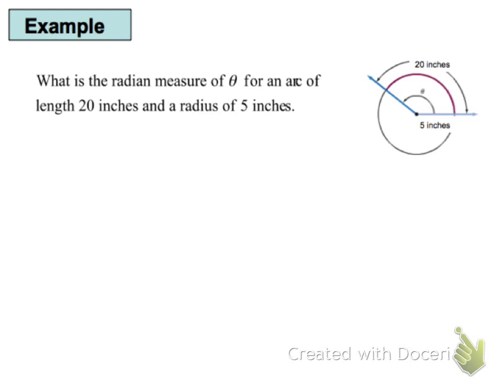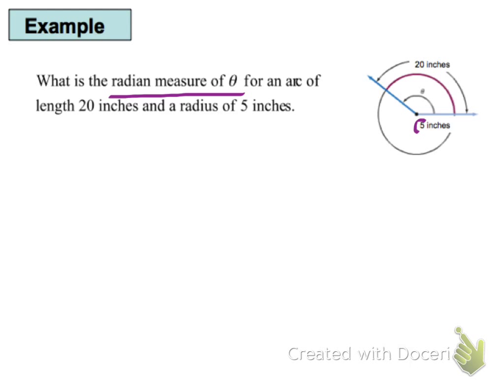Here's an example I want to take a look at. I want to know the radian measure of theta for an arc with a length of 20 inches, and the radius is 5 inches. I see the arc length is 20 inches long and I know my radius is 5 inches. Remember, the definition of radian is how many radiuses it takes to make up that angle or arc.